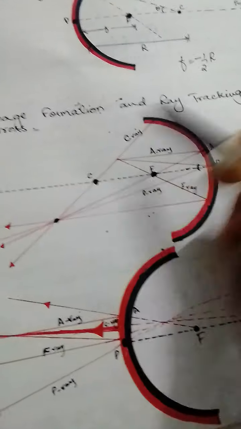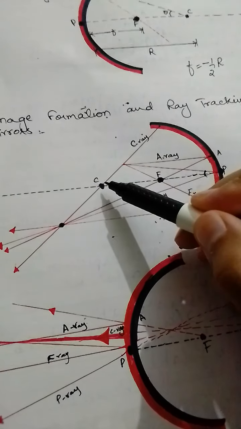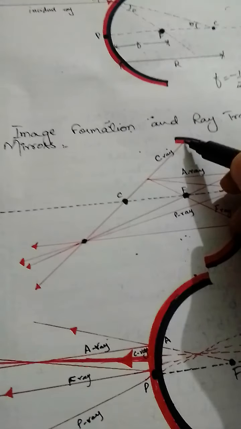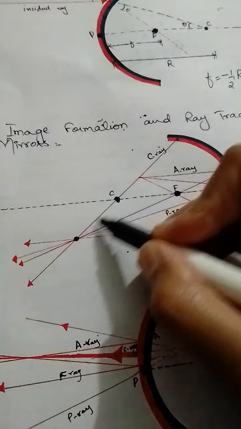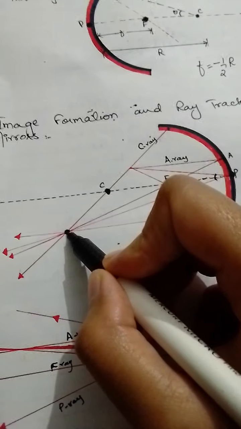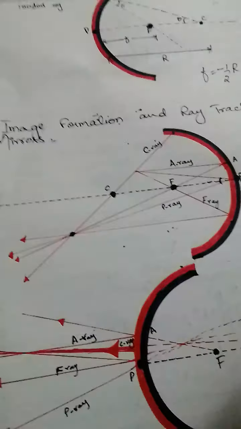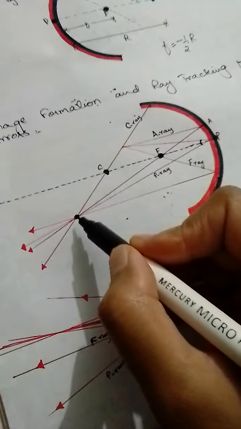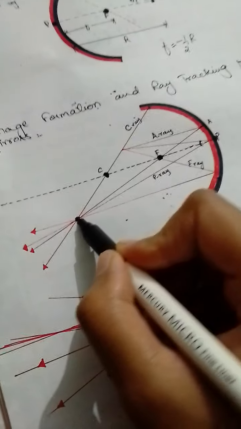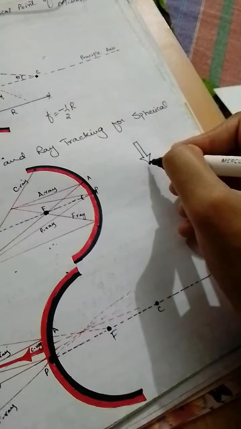Okay, so it gets reflected back along the same path, in the same direction, and may meet the point where the object actually is. So these four rays will eventually make up this point, which would be seen in the mirror.